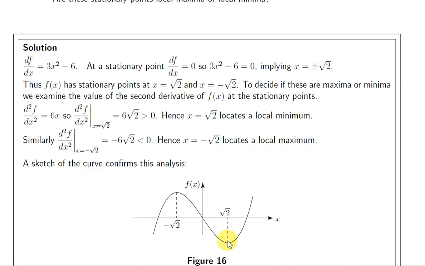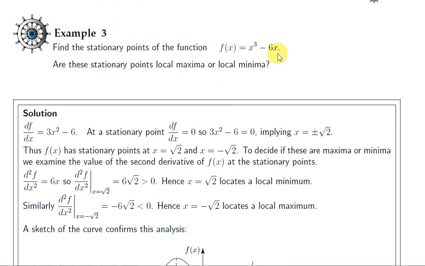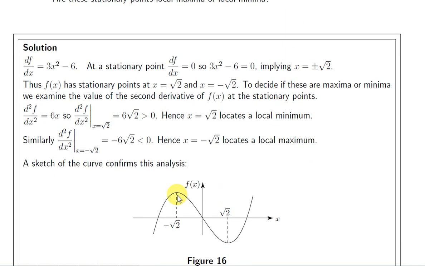So if we plot these 2 points, we can then say straight away that this must be a local max and this must be a local min without doing any second derivative test. So we just get the x values of the stationary points, and if we plug them back into the function, we will have the y coordinates of the 2 stationary points, and the stationary point with the largest y coordinate must be a local max.